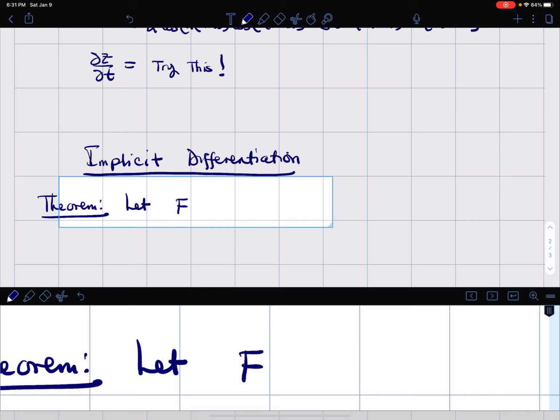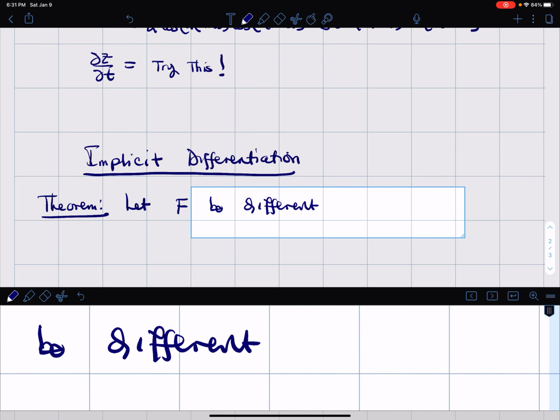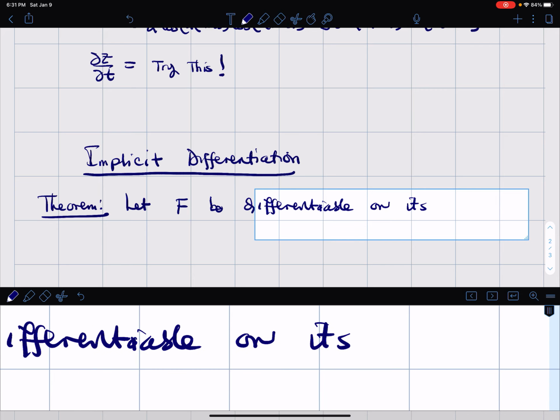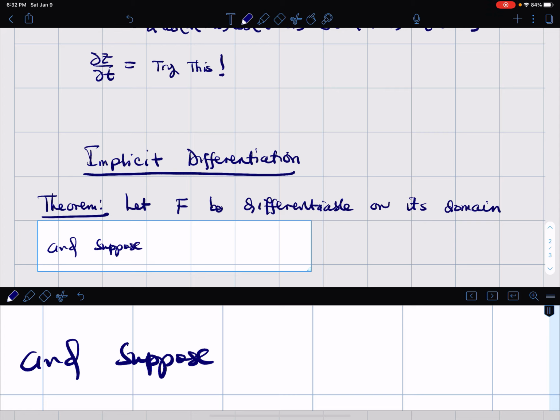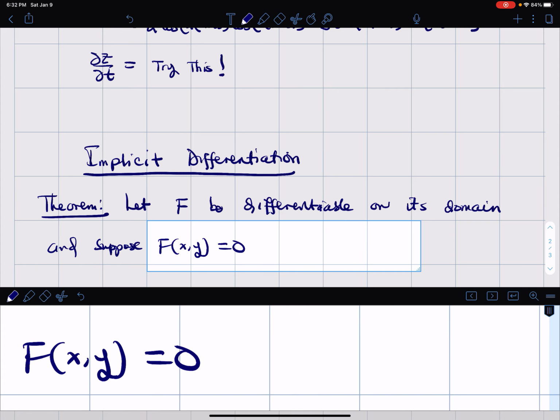Let f be a differentiable function on its domain. And we're going to suppose that f of x, y is equal to 0.